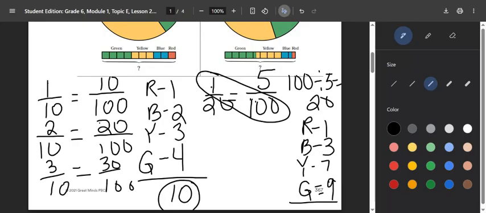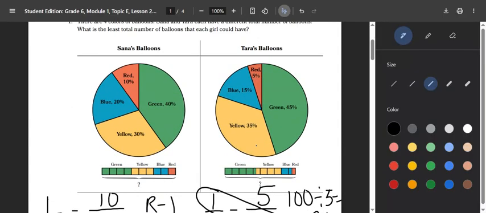All right, now let's check our percentages. We already know that 1 out of 20 is 5%. What about 3 out of 20? 3 out of 20 is going to be, so 20 times 5 is 100. 3 times 5 is 15. So the blue should be 15%, and it is.